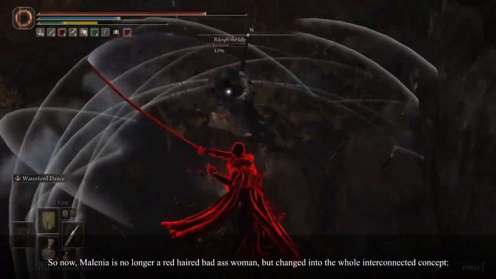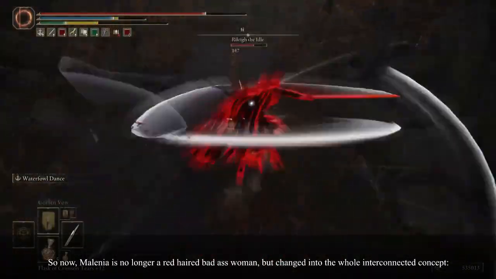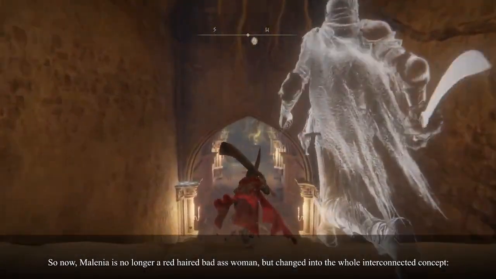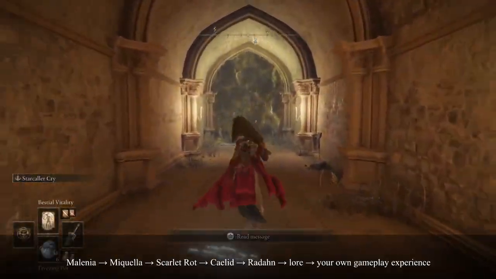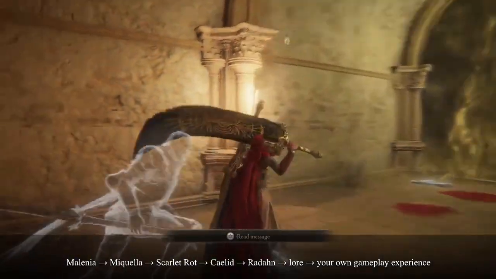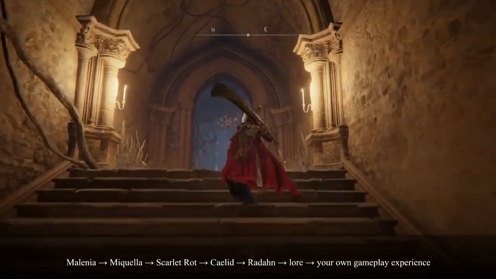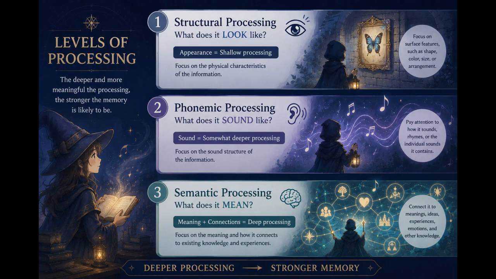So now, Malenia is no longer a red-haired badass woman with a sword, but changes into a whole interconnected concept: Malenia, Miquella, Scarlet Rot, Radahn, Lord, your own gameplay experience. So for this level, the formula will be meaning plus connections equals deep processing.